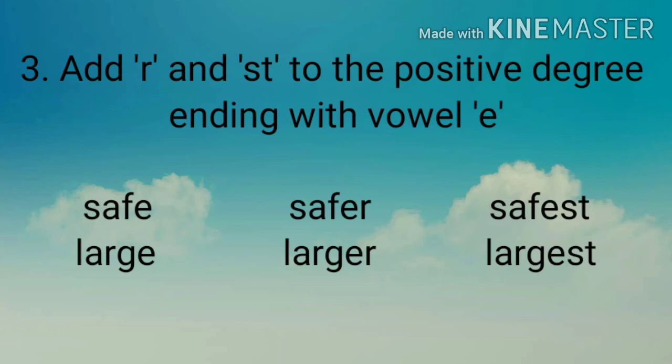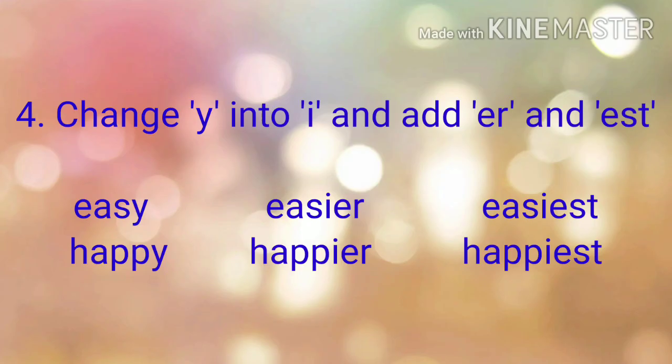The last letter is E, so we just add "r", it becomes safer for the comparative degree, and for the superlative degree we add "st" only, so it becomes safest. Large, larger, largest.